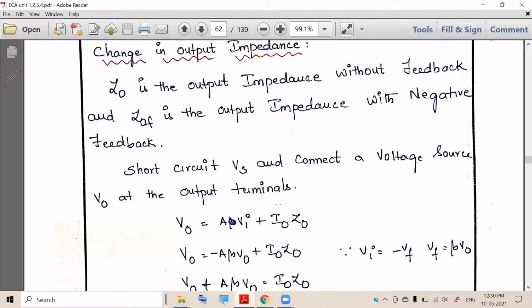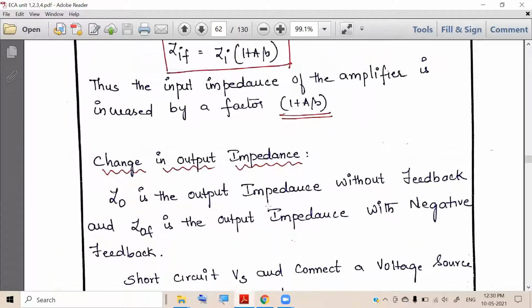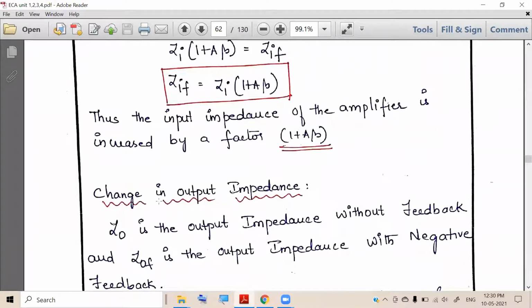Now, what are the rules for output impedance? Please answer. Same old rules that we discussed in the first unit.